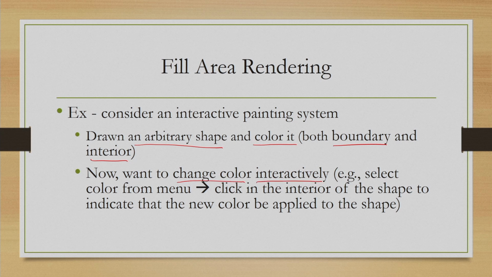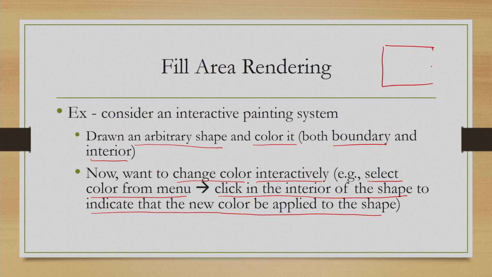That means select some color from the menu, click in the interior of the shape to indicate that the new color is to be applied to that shape. If you have used some interactive painting system, then you may already be familiar with these things. For example, suppose this is our canvas, and here we have drawn a shape something like this.